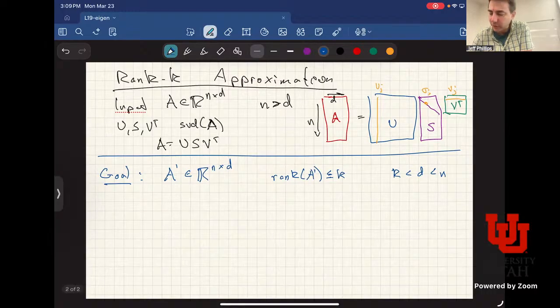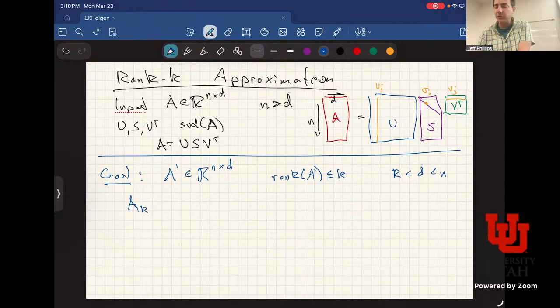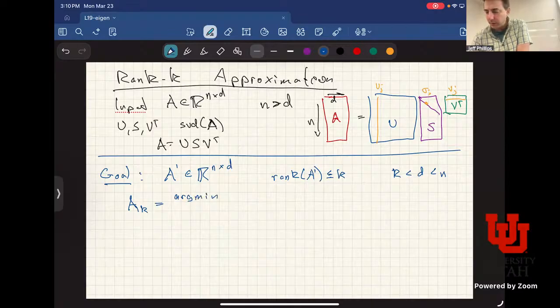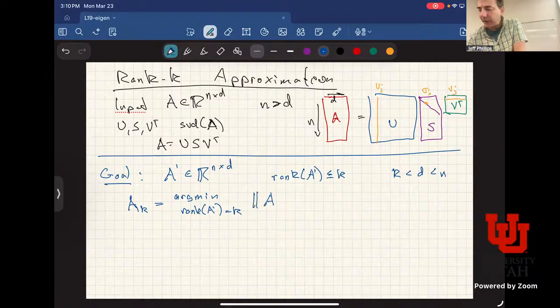This goal is satisfied by a matrix we call A_K. It's the arg min over all the matrices A prime that have a rank of K of the cost function, the norm of A minus A_K.